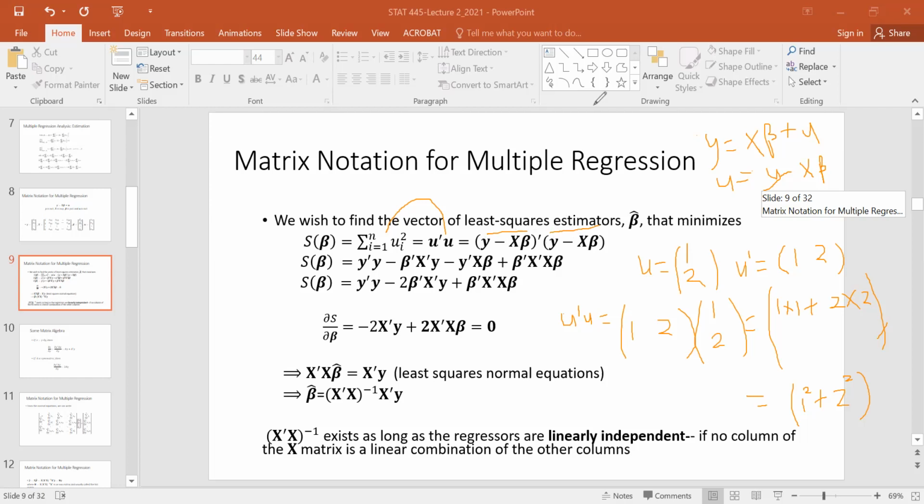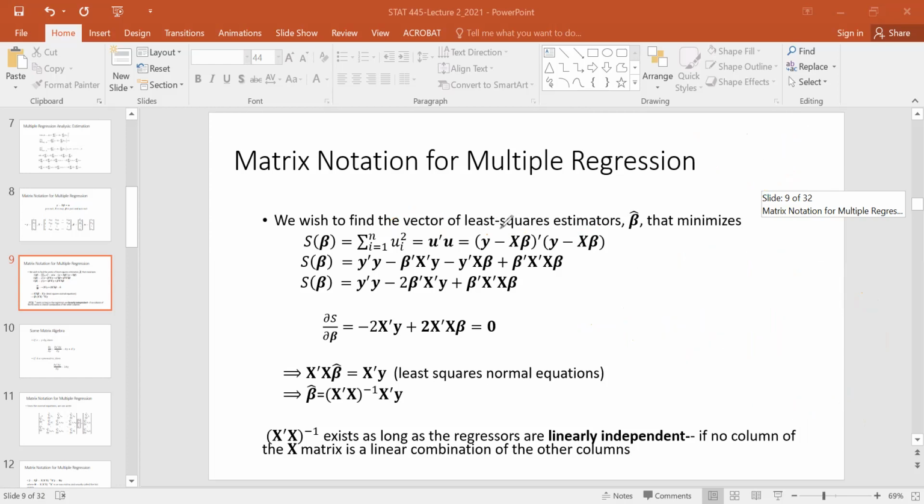So let's multiply out. This multiplied by that is Y transpose Y. And then I have this multiplying this. There's something you should remember from matrix transpose.